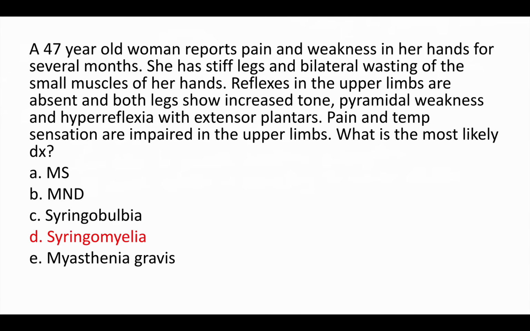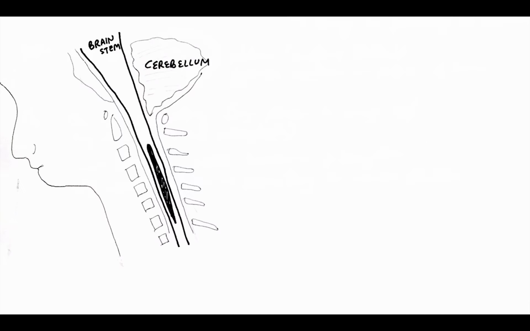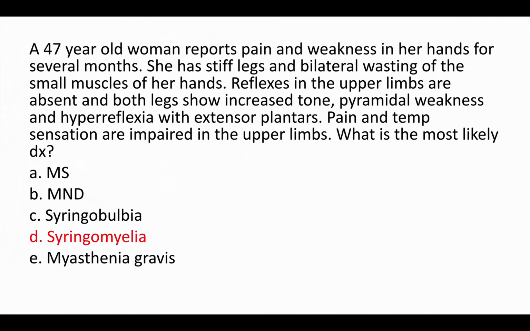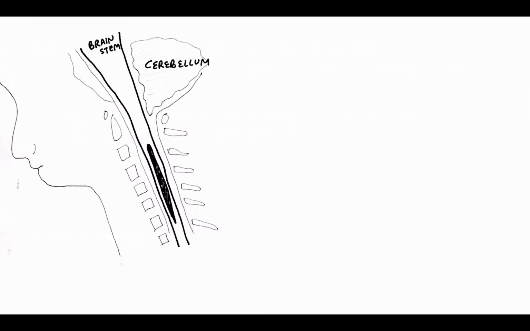This is syringomyelia. Because there are no lower cranial nerves involved, this is not syringobulbia. You can see here that as the brainstem is coming down, it becomes spinal cord.